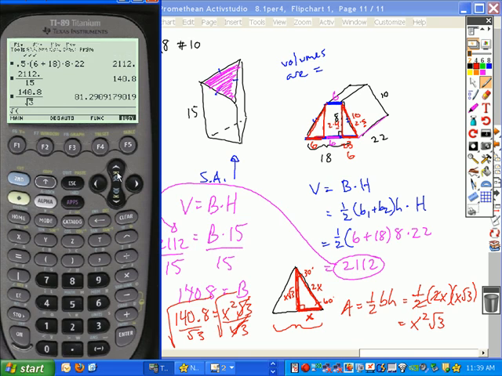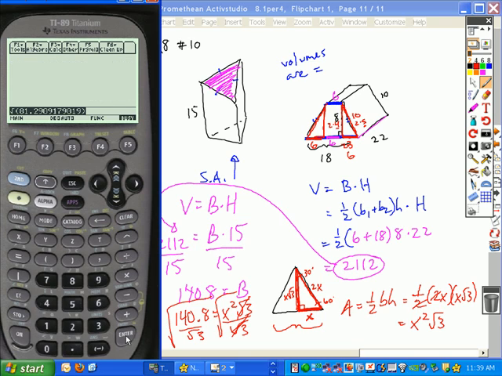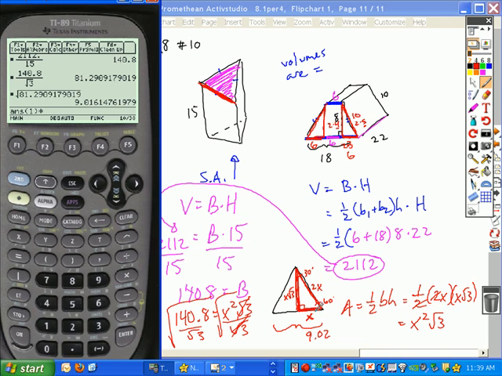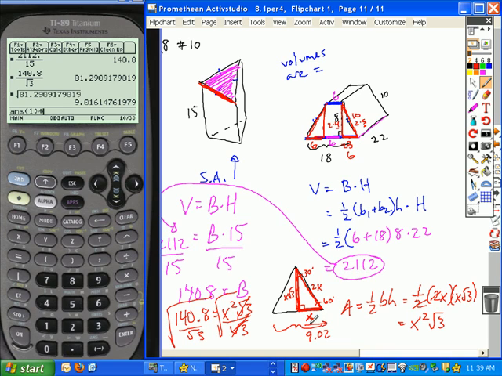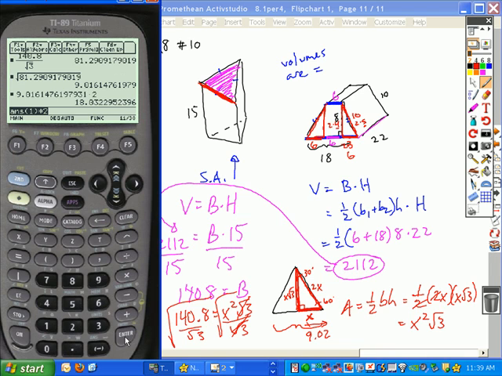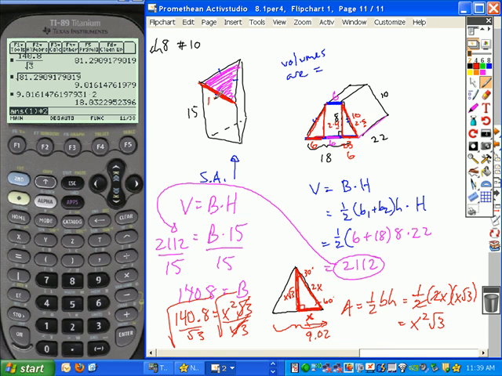If we take the square root of this number, we get the length of this portion, 9.02 approximately, which means what is the length of this side here? What do we have to do to the number in our calculator? We have to double it. So if we double this, now we have the length of each side, which is approximately 18.03.